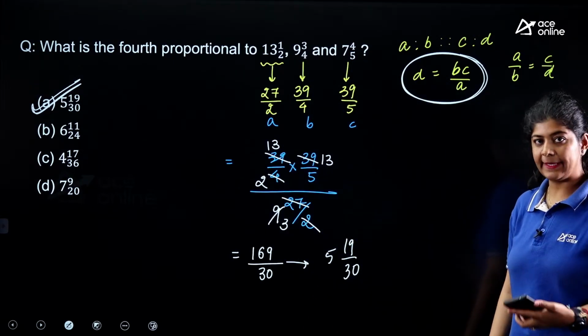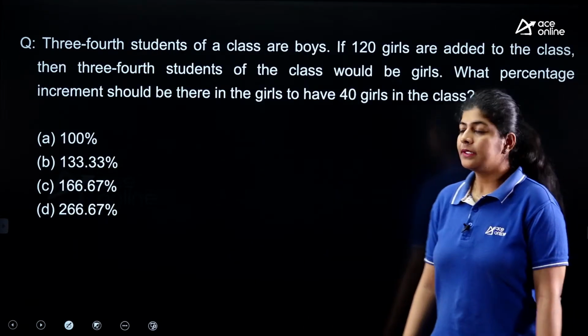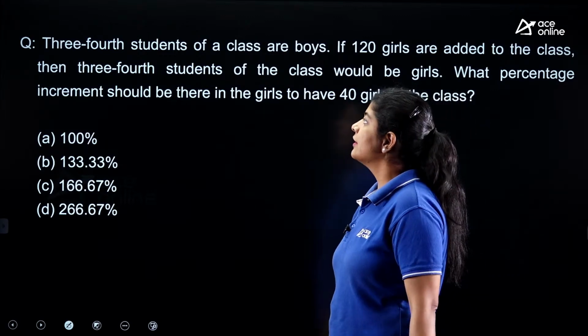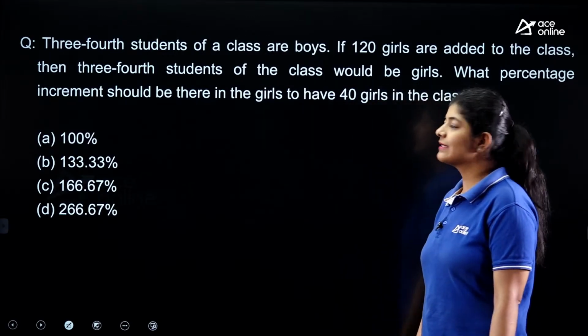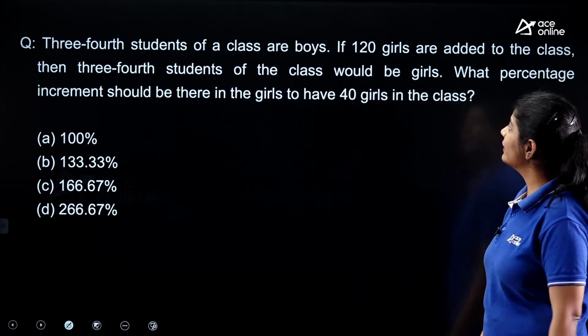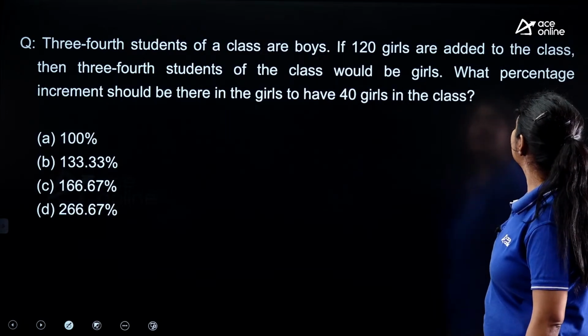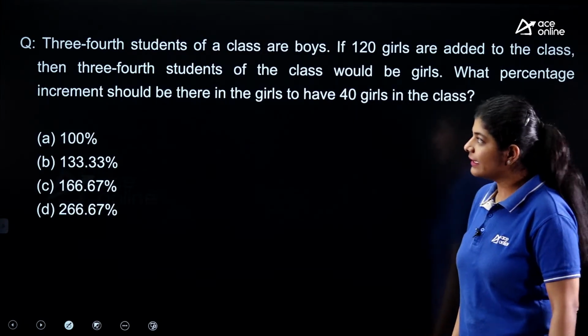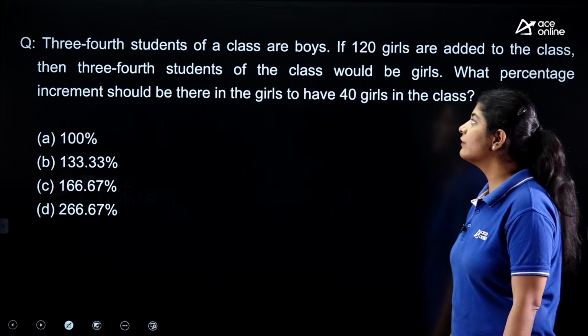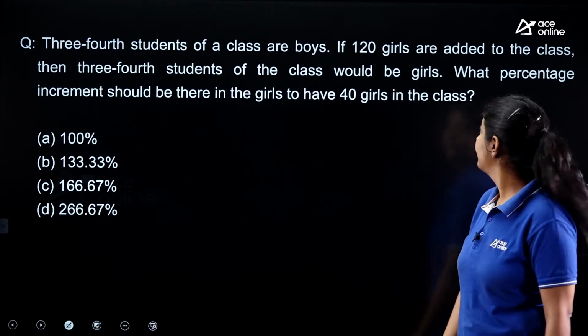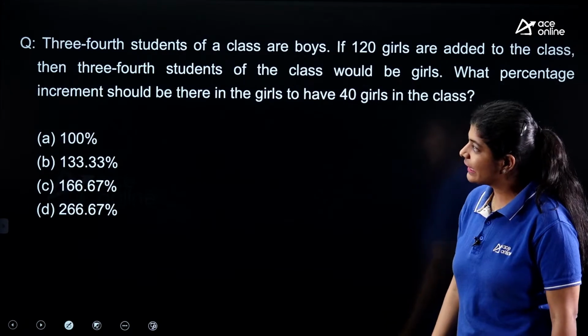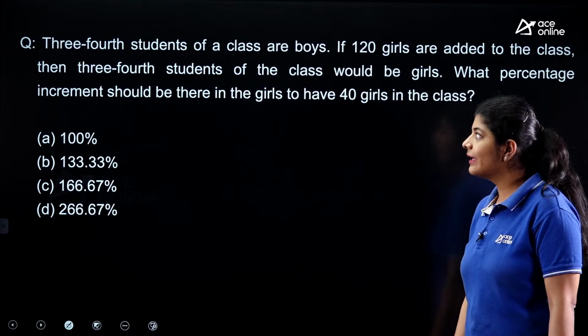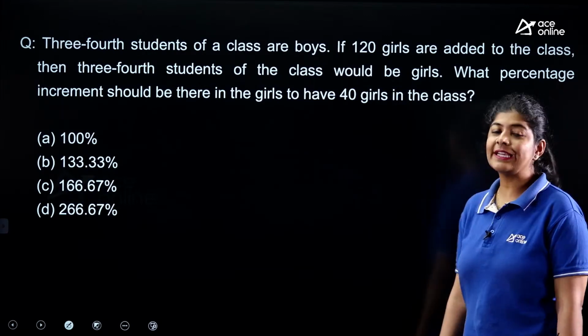Right? Next. The next question says that 3/4 students of a class are boys. If 120 girls are added to the class, then 3/4 student of the class would be girls. How many girls were there in the class?